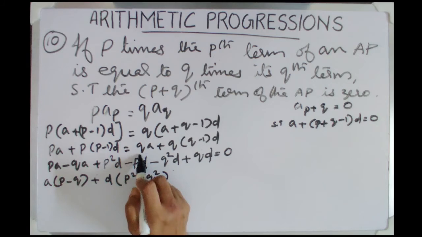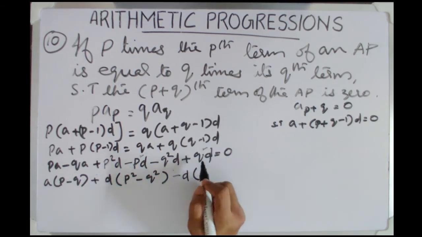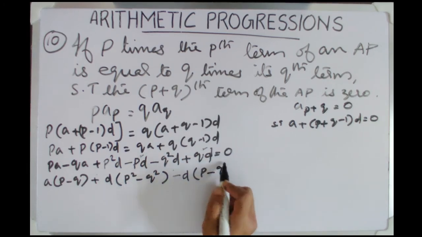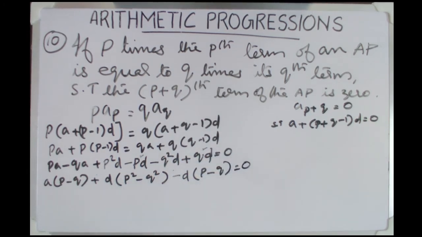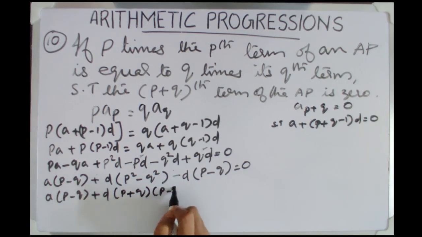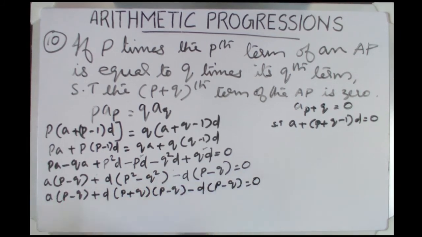Then we take the two terms minus pd and plus qd, with minus d outside, so we get p minus q, equal to 0. That is a into (p minus q). We can rewrite d into (p square minus q square) as (p plus q) into (p minus q), minus d into (p minus q) equal to 0.